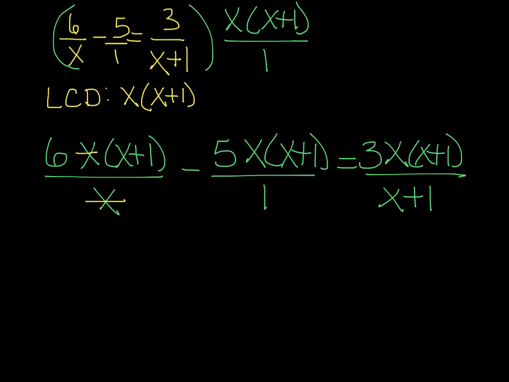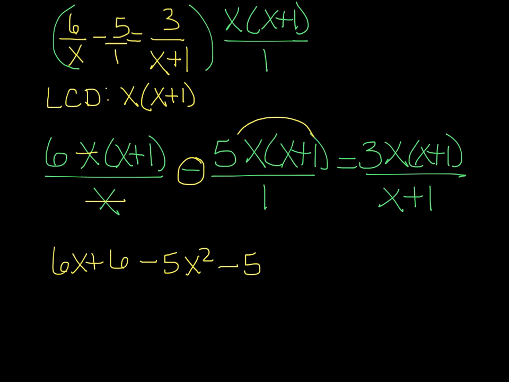These x plus 1s can go. And I'm going to go ahead and distribute and make that 6x plus 6. This is all over 1, so I have minus 5x squared and negative 5x times 1. Remember, this minus goes with the whole thing, so minus 5x equals, and then in this case, the x plus 1s are going to cancel, equals 3x.